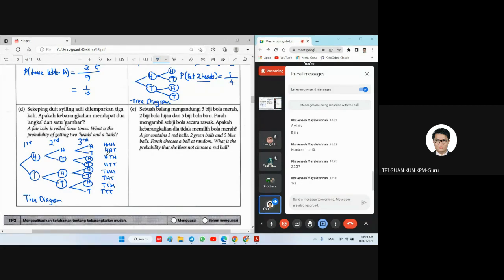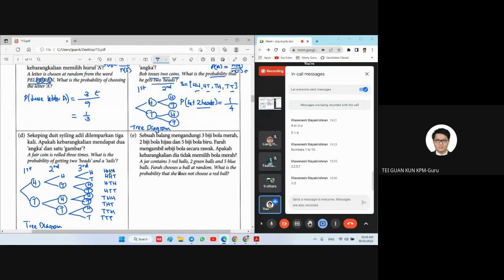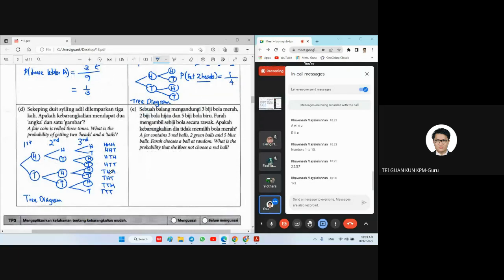Tree diagrams ni untuk saya dapatkan dia punya outcomes. Ada soalan tak? Ada apa-apa nak tanya tak? Boleh ya? Okay.